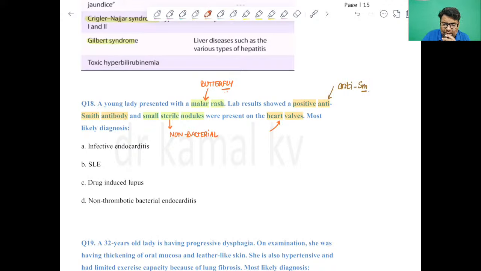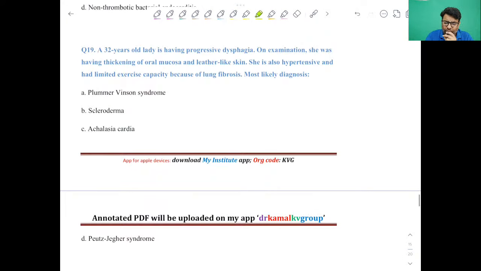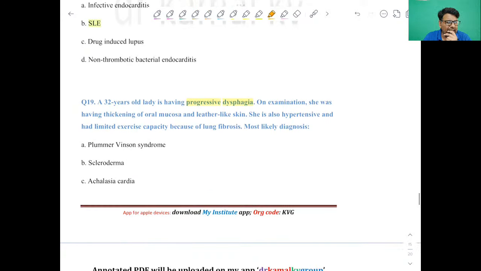So yes, this is a classical presentation for systemic lupus erythematosus. Yes, SLE, classical SLE. Now, a lady is having progressive dysphagia. She is having difficulty in, yes, Varsha, absolutely right, this is SLE.